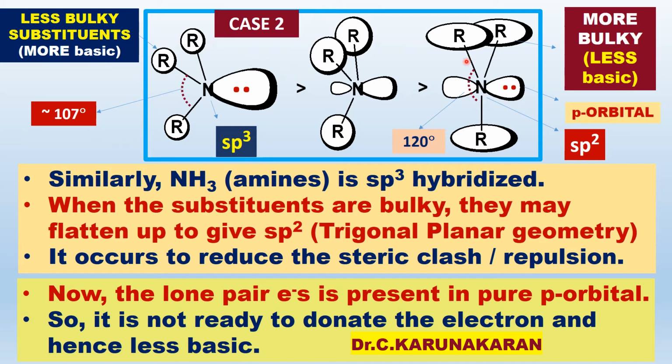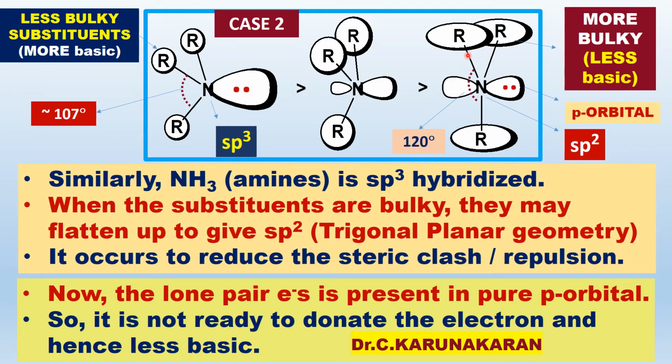As we increase the bulkiness, the nitrogen atom changes to sp2 hybridization. Why does it become sp2 hybridized? Because the bond angle in pyramidal geometry is around 107.7 degrees, whereas in sp2 hybridization it becomes trigonal planar geometry.